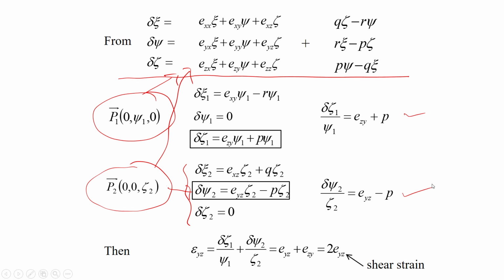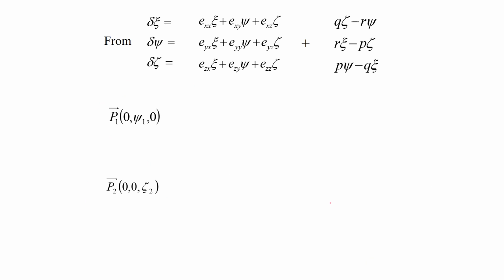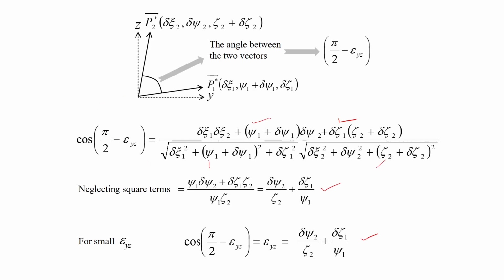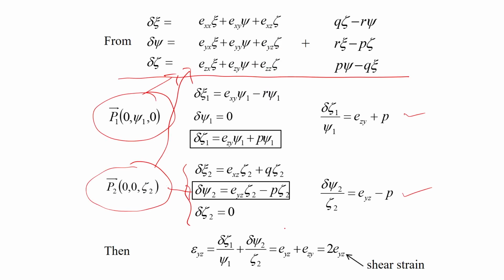So, essentially you see we have got this ratio delta zeta 1 by psi 1 plus delta psi 2 by zeta 2. So, that is what we have over here, that this expression I want to get, and that is what we have gotten here, and if I add up then we have epsilon yz.